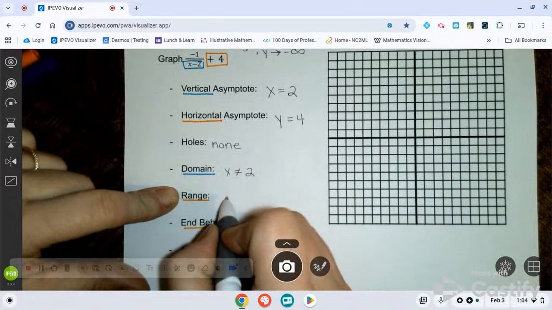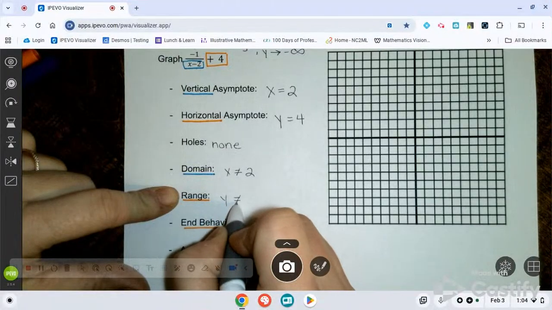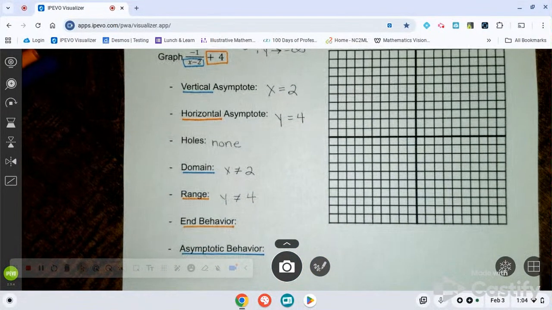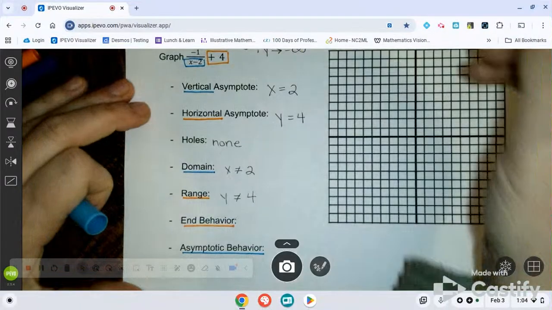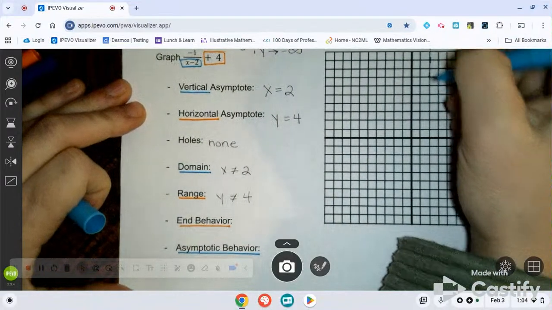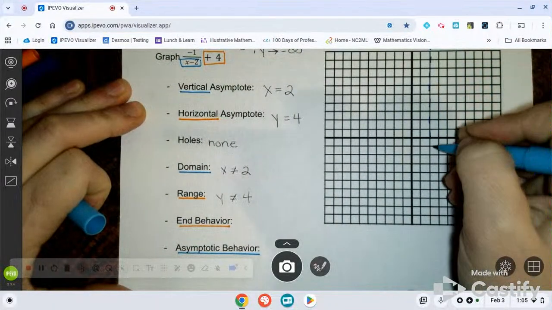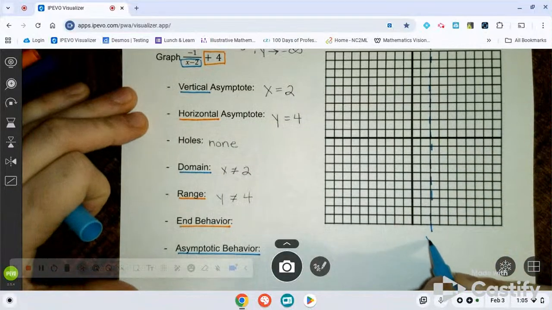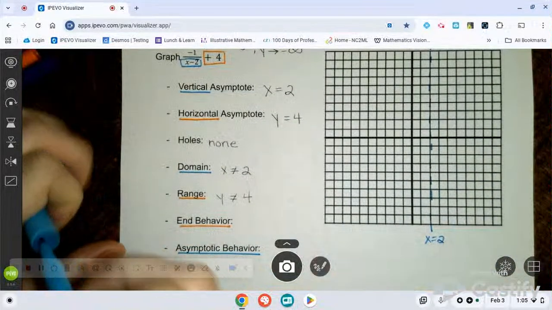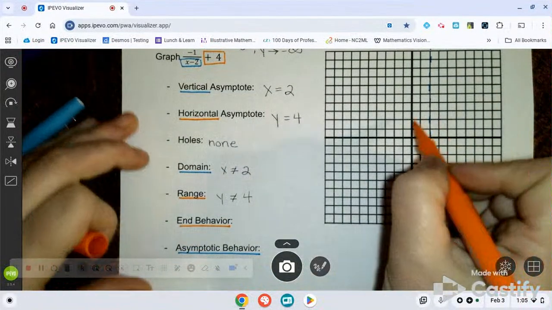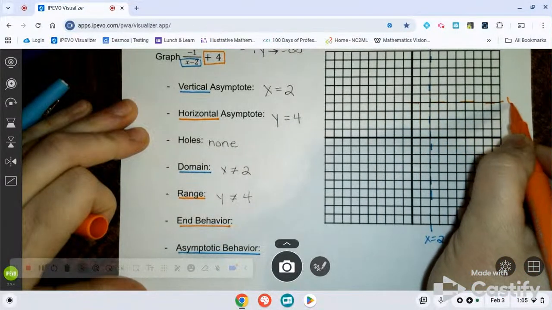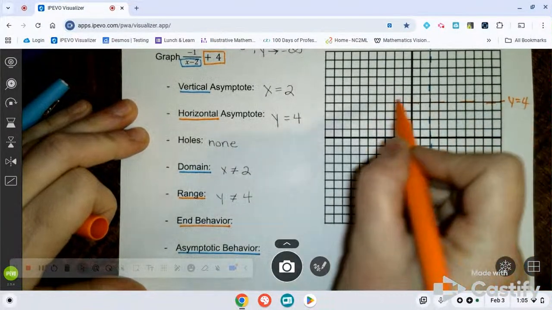Our range cannot be our horizontal asymptote, so y cannot be 4. So I'm going to go ahead and graph those two. Now we do not have a hole, so I don't have to worry about that. So this is x equals 2 for a vertical asymptote. 1, 2, 3, 4. Here is my horizontal asymptote of y equals 4.